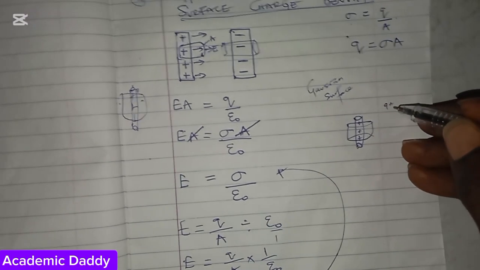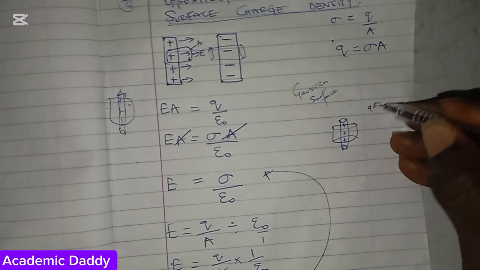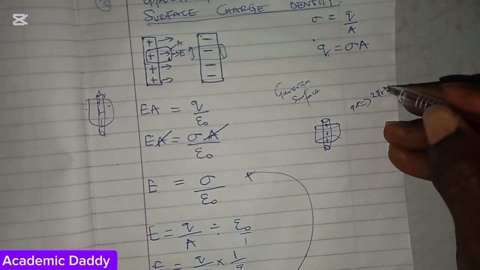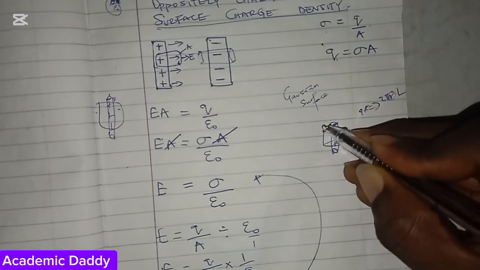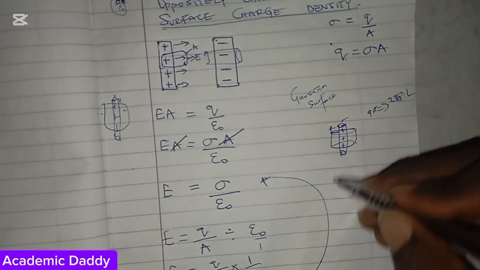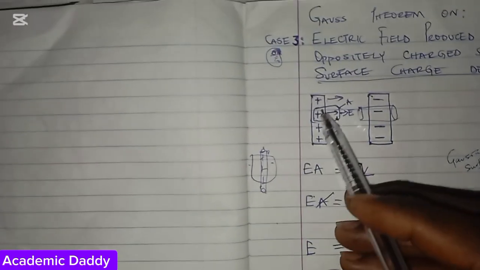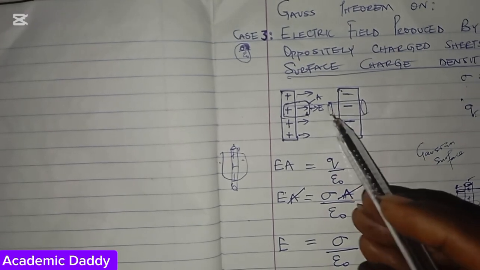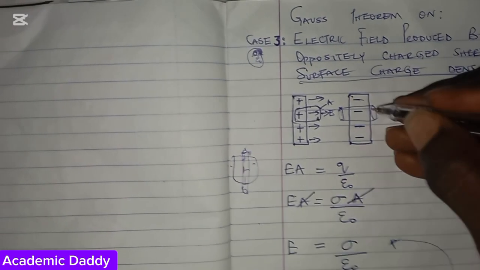If its surface density will be the area of this particular charge, that means it's the same area of 2 pi r L, but you use different radius because this has its own radius and this one has its own radius R. So it has its own radius, let's say small r. That's what I'm trying to say. But notice that in this case, if I enclose this with a cylinder, you see that the area, these parts will be closed.